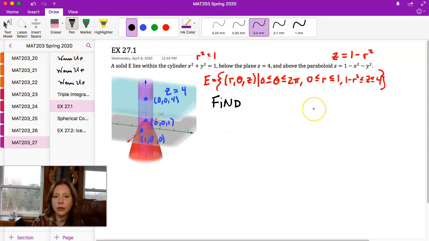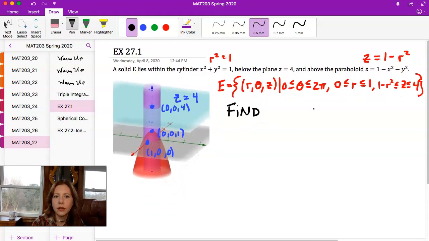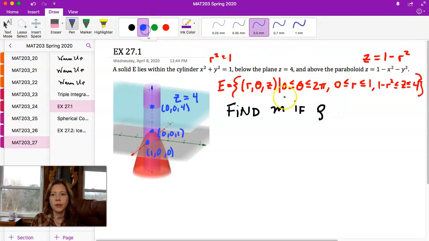Let me just zoom back in. There we go. So we want to find the total mass if density, so this rho is density, and I'll just write that up above to be clear. So if density is proportional, so this alpha is the proportionality symbol.